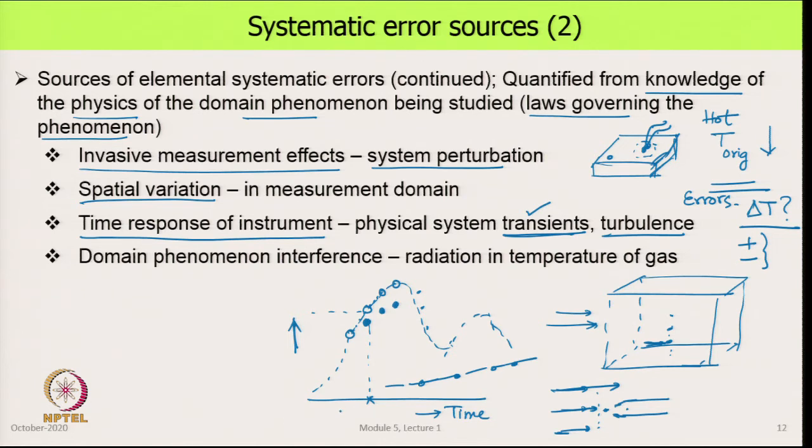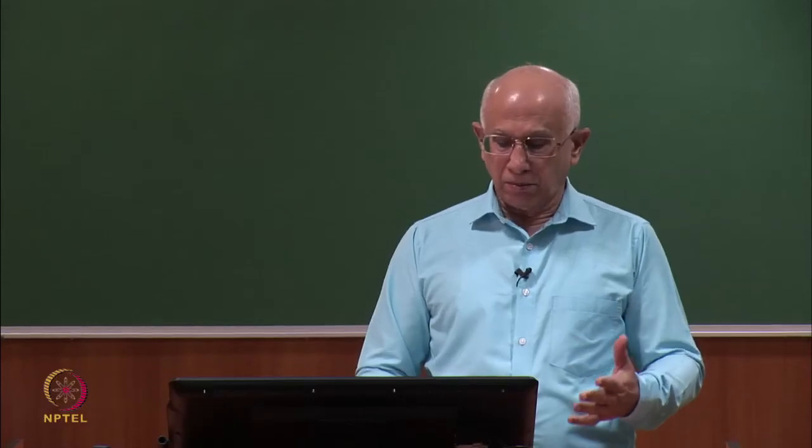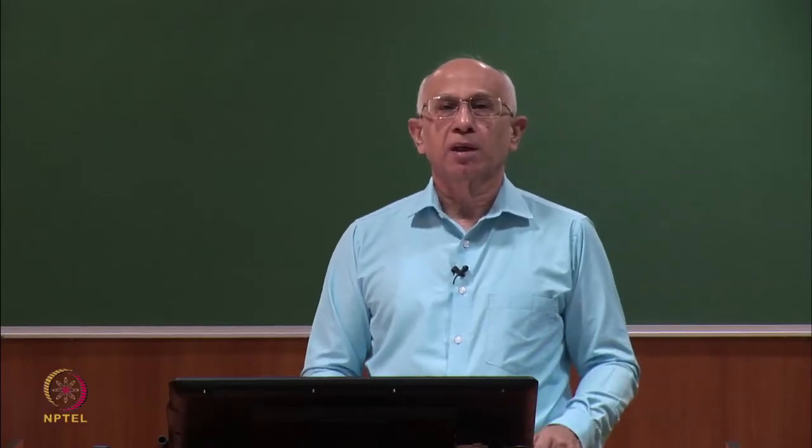That is because our instrument is not able to respond as fast as the temperature or the pressure or the parameter is changing. A good example of that is a clinical thermometer that we put in the mouth, and we have to wait a minute, 2 minutes before we take a reading.